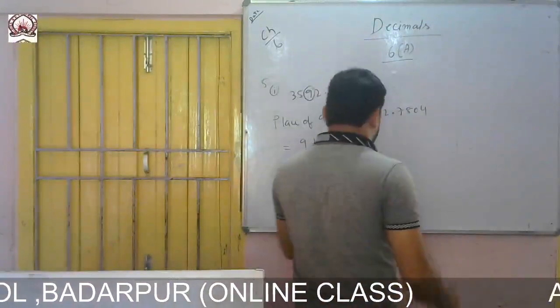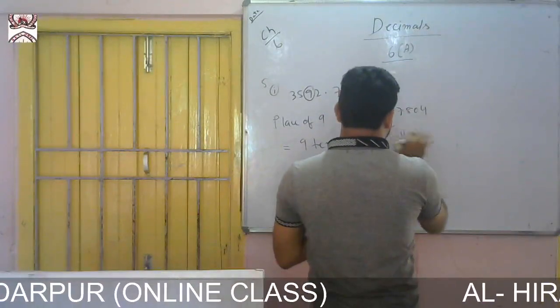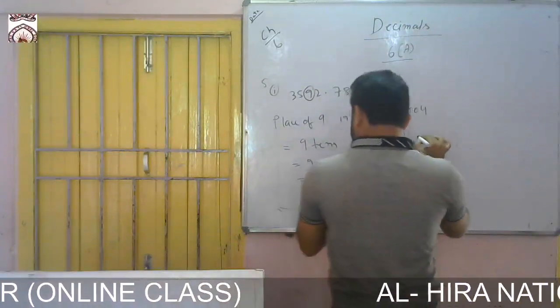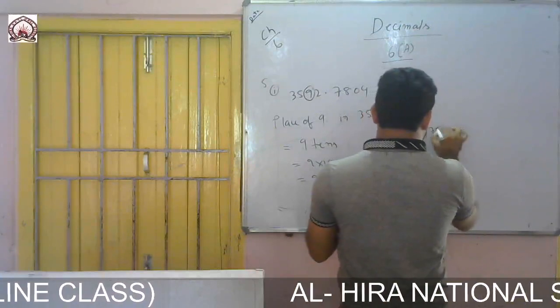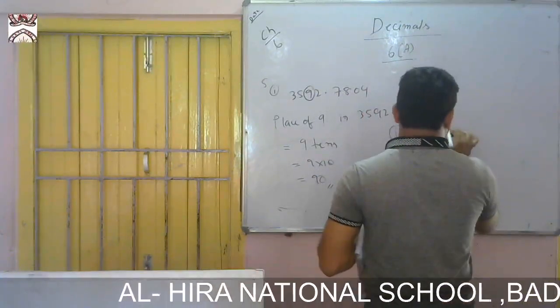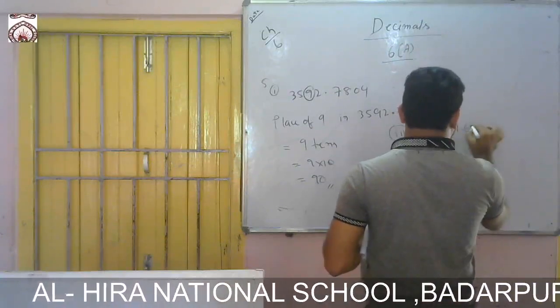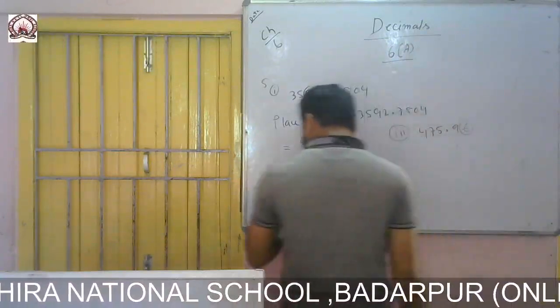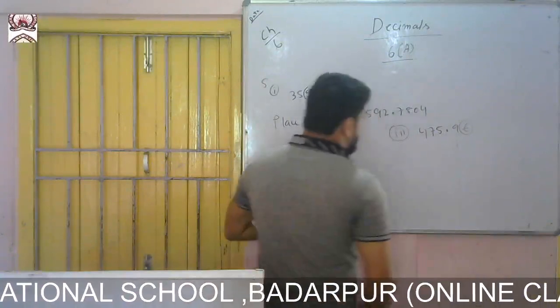Now come to question number 3. So question number 3 what is there? 475.96. 475 point 96. We need to find the place value of 6. So what?